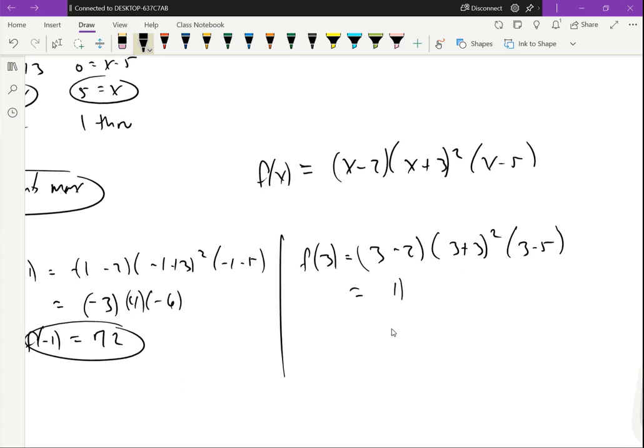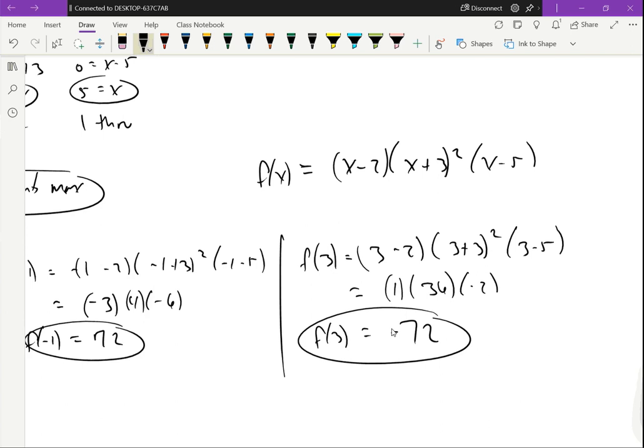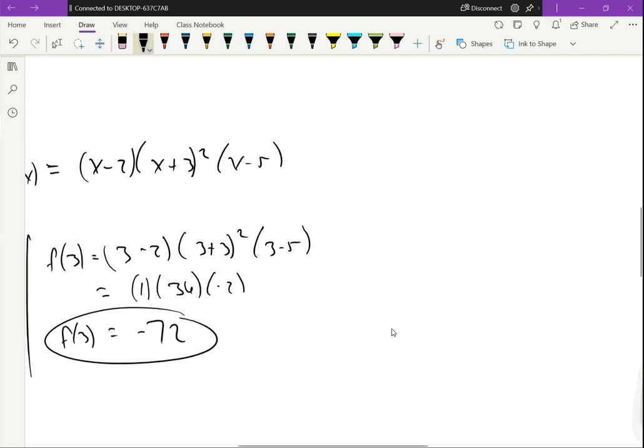So that gives me 1 times 6 squared, which is 36, times 3 minus 5, which is negative 2. So 36 times 2 is 72. We've got one negative sign, so we get negative 72. So it's fairly large numbers on this one.